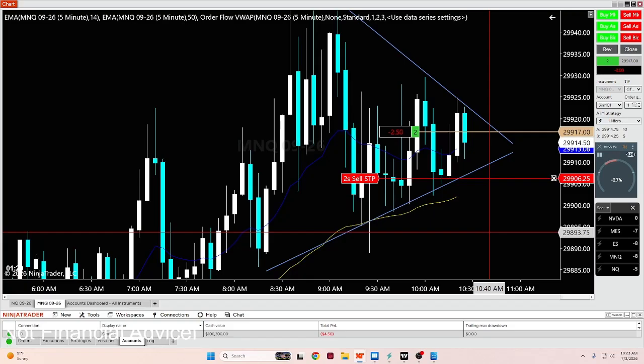Let's see. All right, tick strike and bookmap, they're both showing red, so that means the sellers are trying to come into play and push them down.